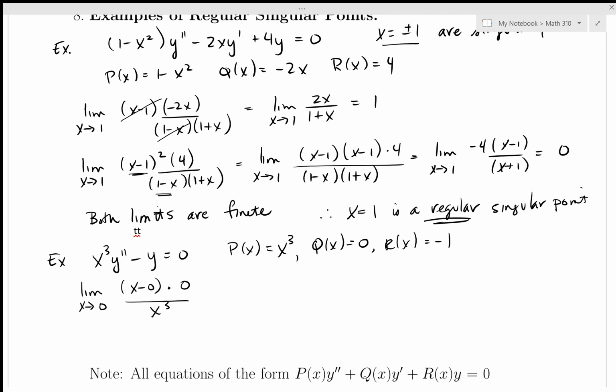I've got x times 0 over x cubed, with x going to 0.